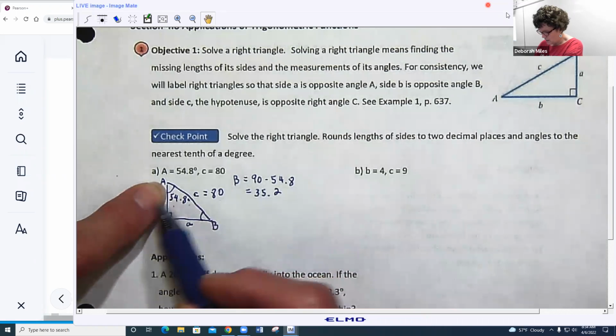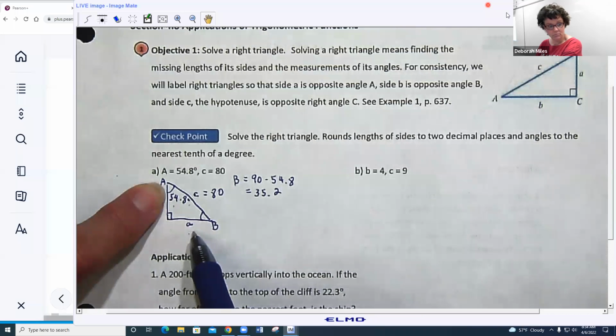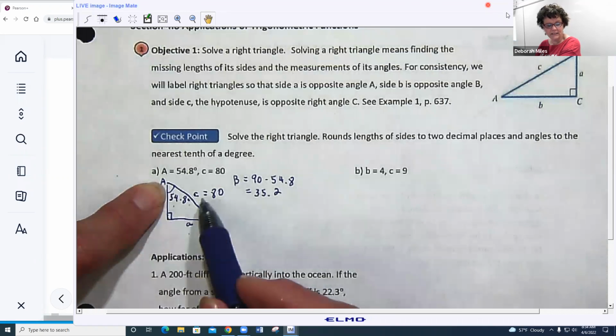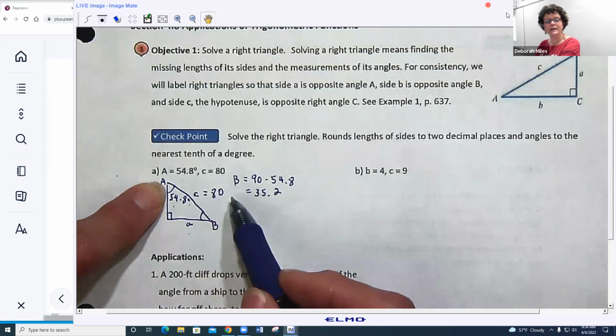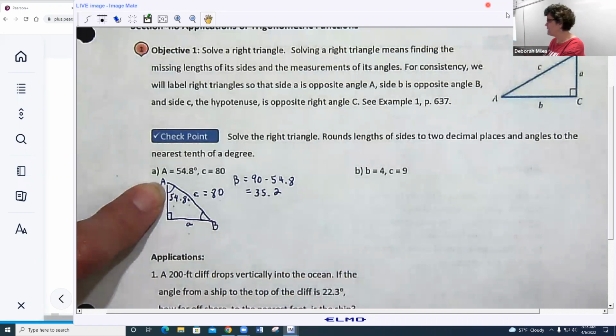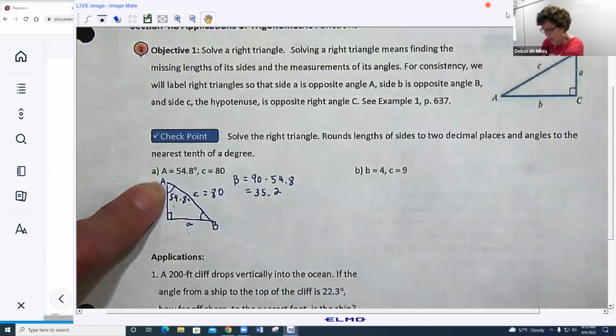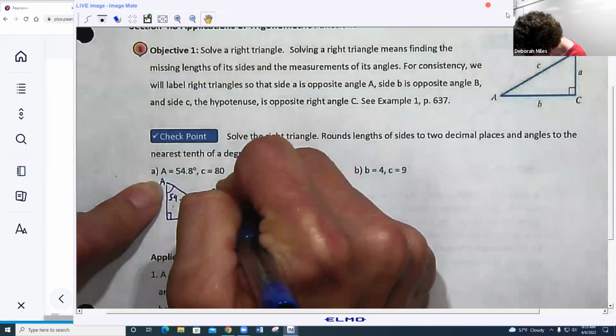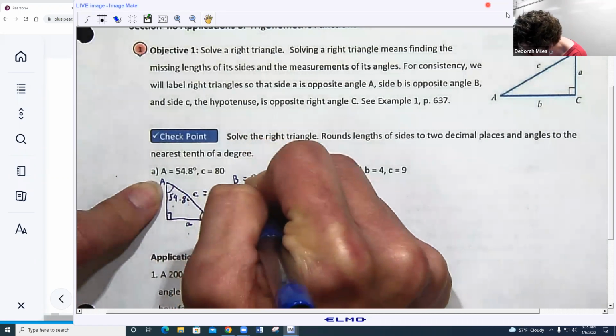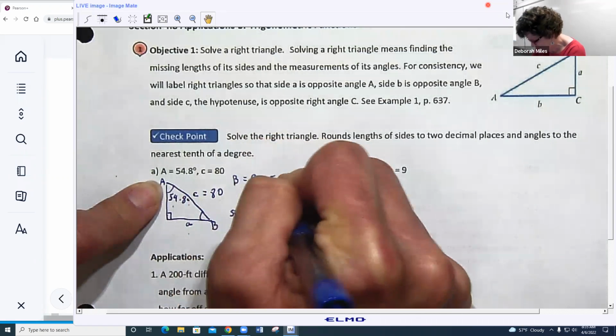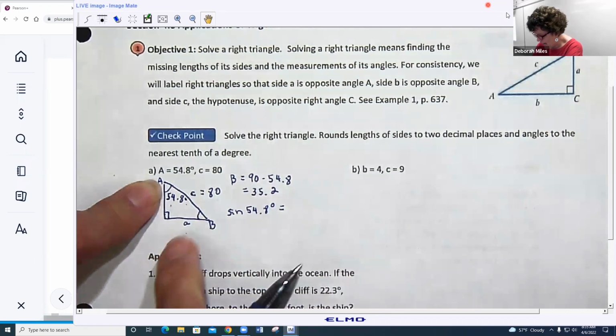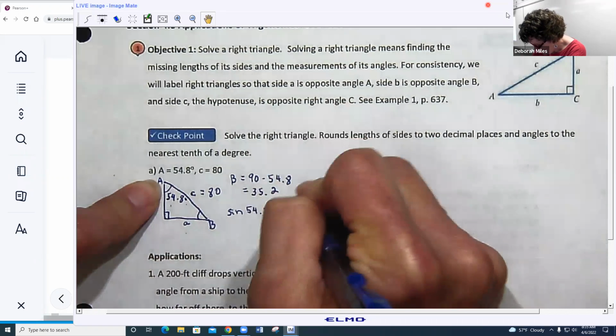If I'm looking for a first, that's the opposite side, and c is your hypotenuse. Which trig function uses opposite and hypotenuse? Yeah, sine. So the sine of 54.8 degrees would be a over c.